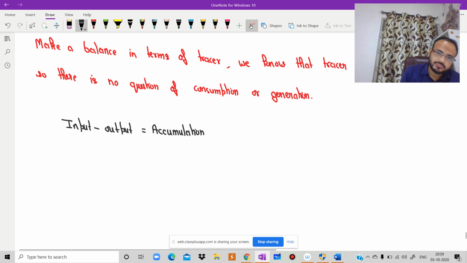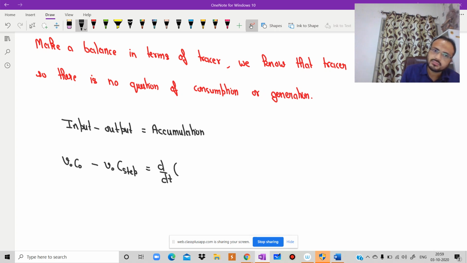Now what is input? That volumetric flow rate will not change. Input is V node into C node. The output is V node, which will not change, into C step, is equal to d by dt of C step into volume.